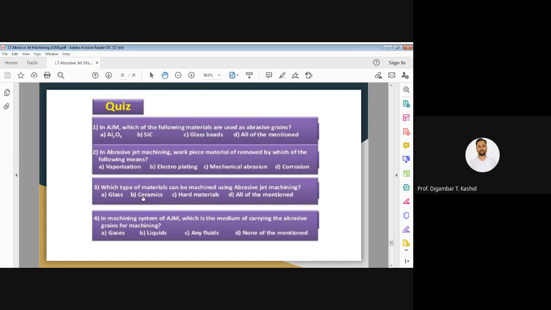Just for the revision of abrasive jet machining, I am taking it. So in an abrasive jet machining system, which is the medium of carrying the abrasive grains for machining? Option A, gases, liquid, or any fluid. Which option is correct?